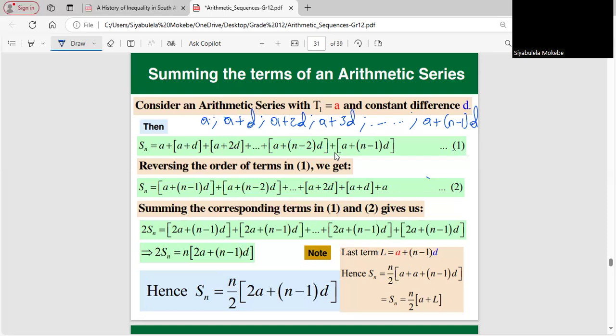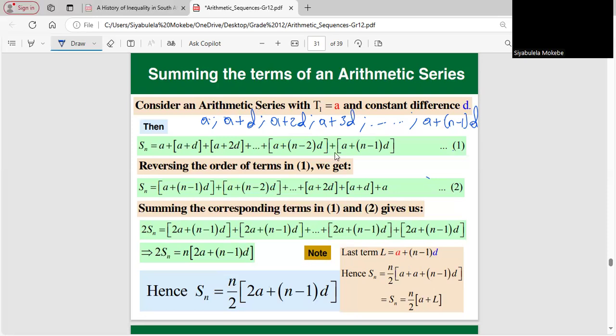A plus A is 2A, and then n minus 1 D. Notice that the second term here and the second term there, A plus D plus A plus D, gives 2A plus 2D, and then if I have n minus 2D here, the negative 2D plus D will give me negative 1D.